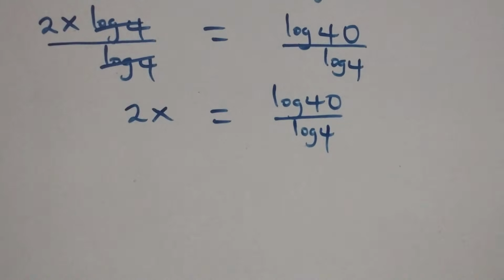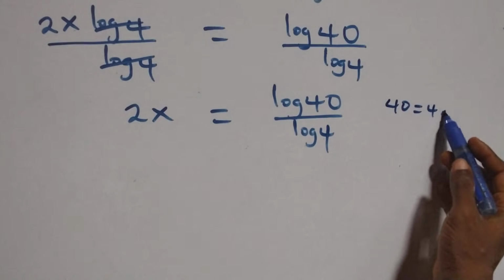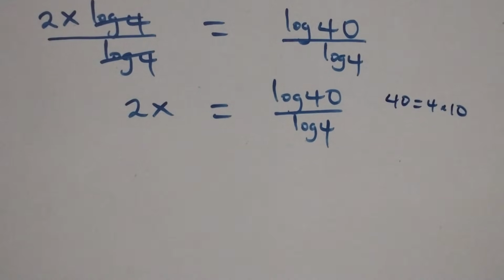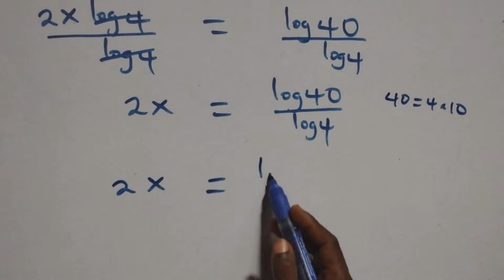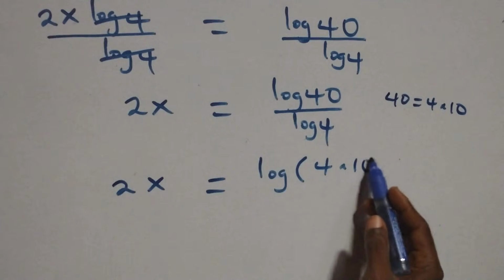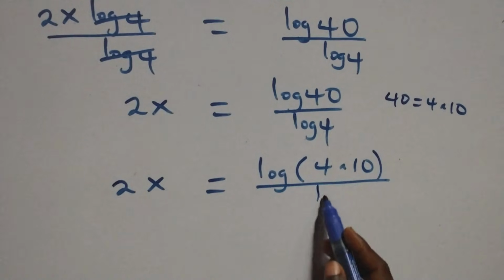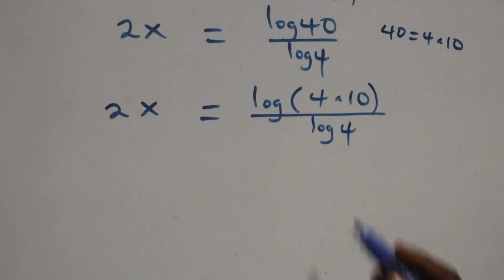Then, next step, we can write 40 as 4 times 10. What we have becomes 2x equals log 4 times 10 over log 4. Then this follows the law of logarithm.